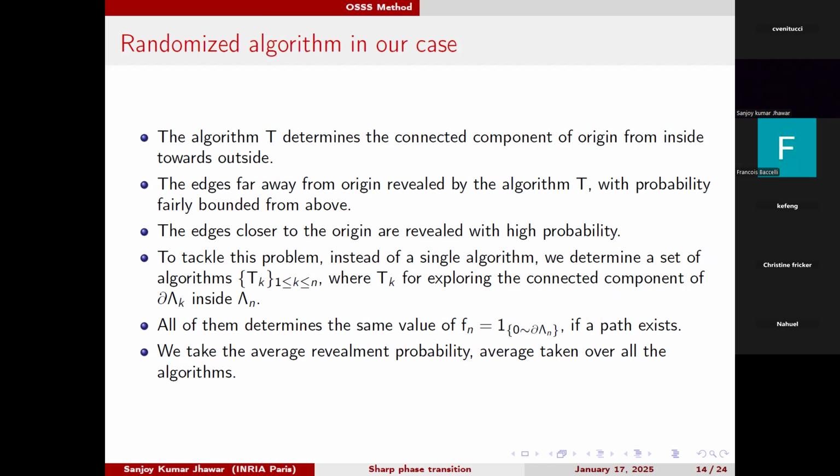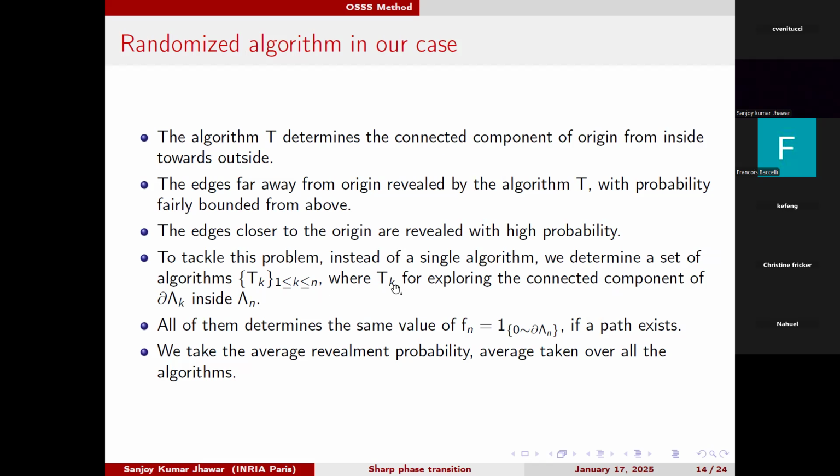To tackle this problem, we change our algorithm a little bit. For now we assume that we have an algorithm T that explores the path. But instead of having T, we derive a set of algorithms T_k for each k between 1 and n.